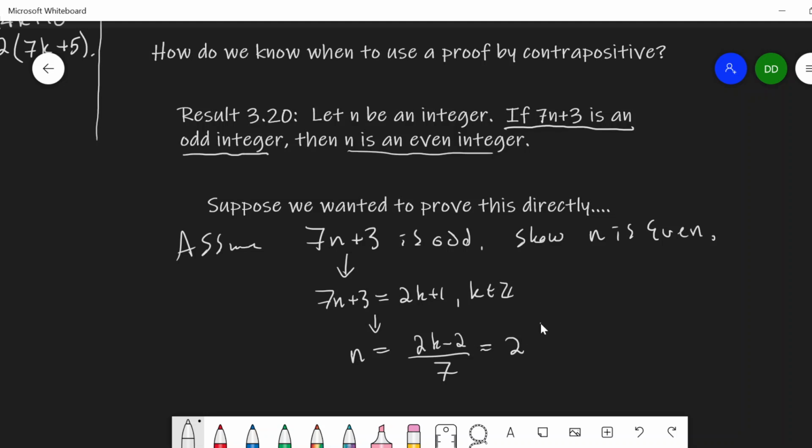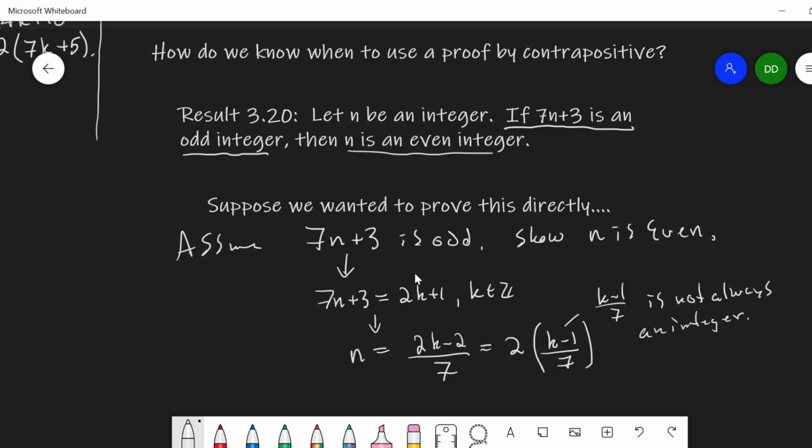I see a 2 here. I could write this as 2 times (k minus 1) over 7. But (k minus 1) over 7 is not always an integer. And so I couldn't say that n is even here. That doesn't follow from what I've written.